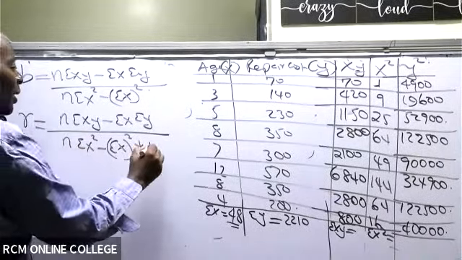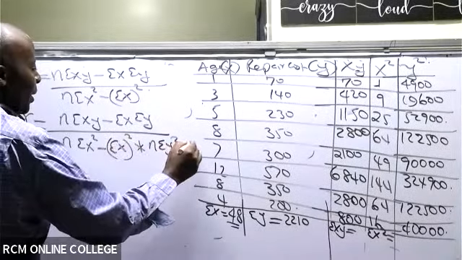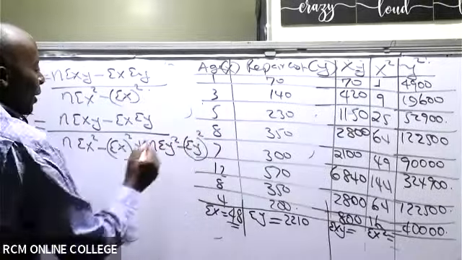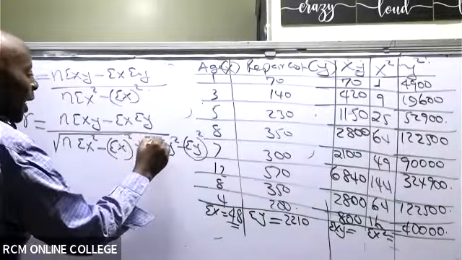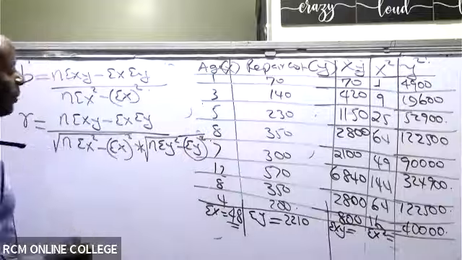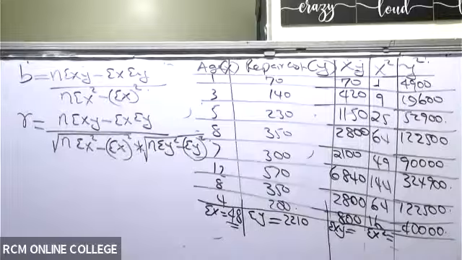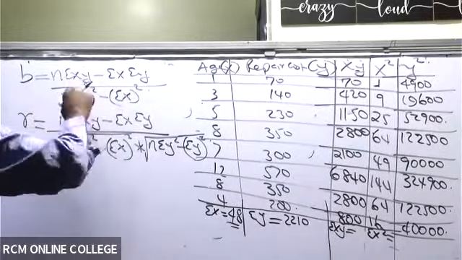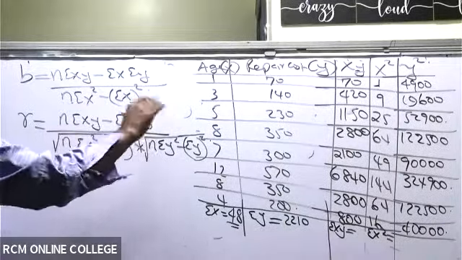So it becomes n summations of y squared minus sum of y squared. I prefer putting each under its own square root.